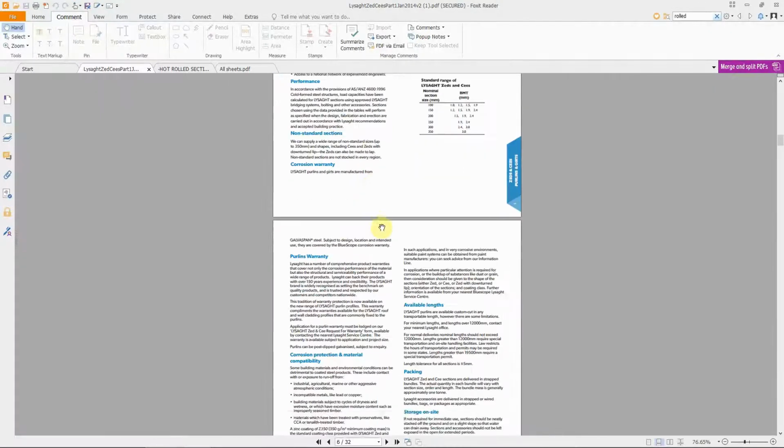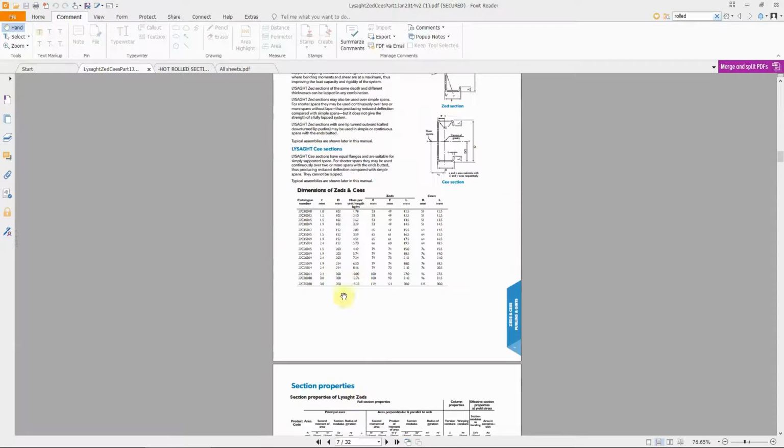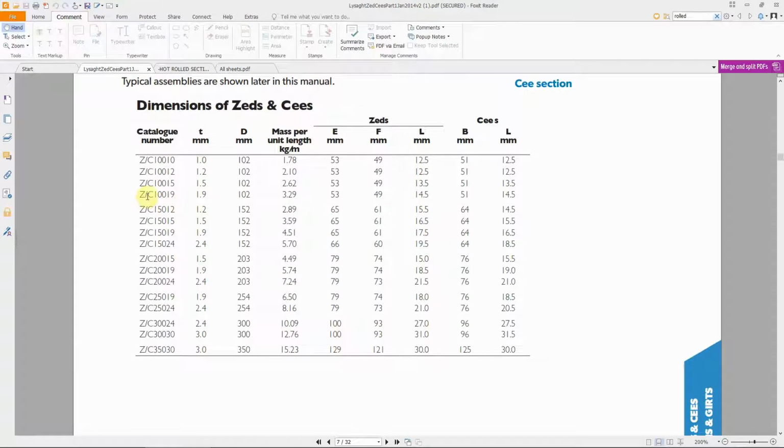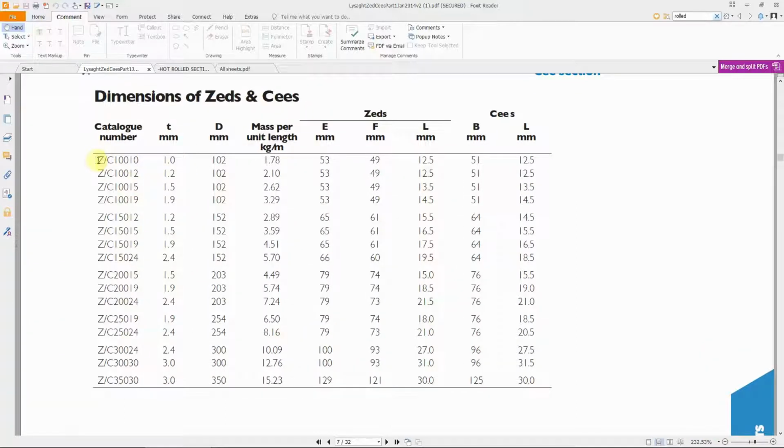Again, for their name, they've got their name codes, slightly different than what we had before. Z or C, you can't use Z and C. They're saying here Z or C, depends on the shape. Now, let's choose, for example, the C. C110. That means it's 100 millimeter deep, nominal.